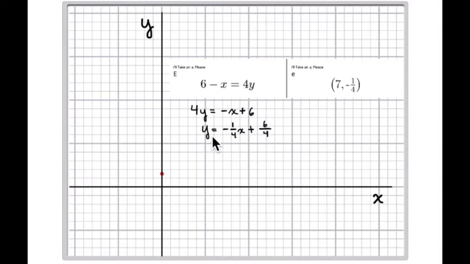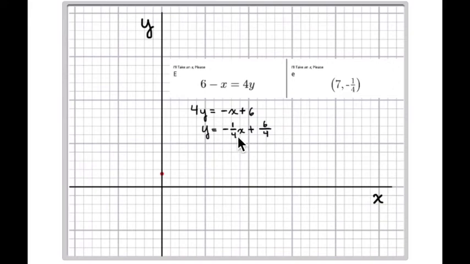And so that is the same as y equals a negative 1/4. Divide through by 4. This is a negative 1 right here, plus 6/4. So now the y-intercept is 6/4. That's 1 1/2. 6/4 is 4/4 plus 2 more fourths is 1 1/2.